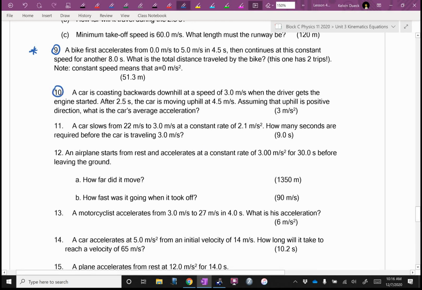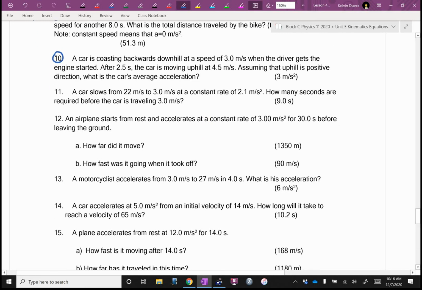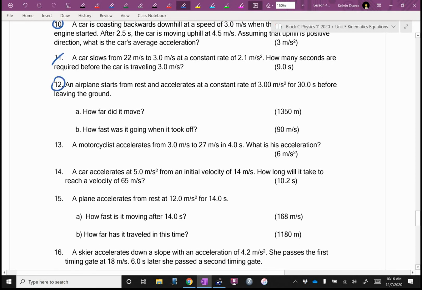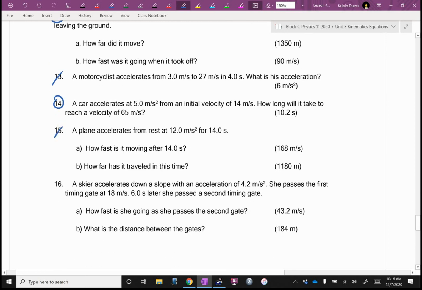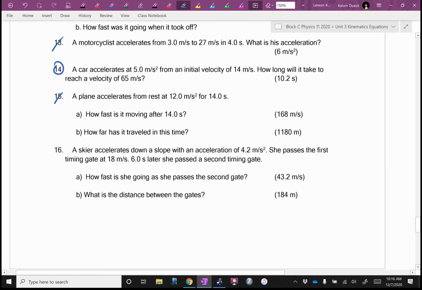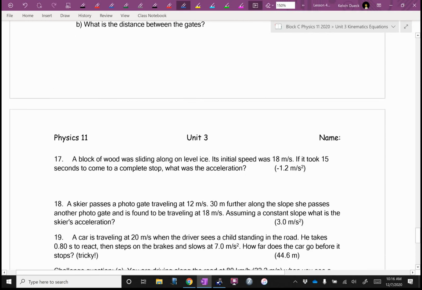Ten is good. Yeah, skip 11. 12 is good. Yeah, skip 13. 14 is good. Skip 15. Skiing is fun.